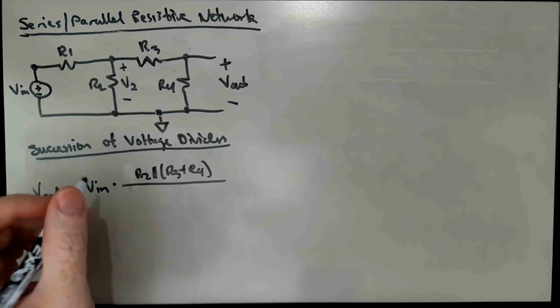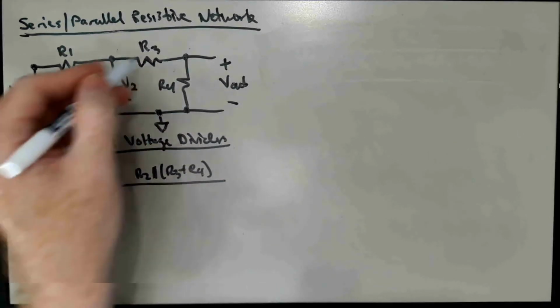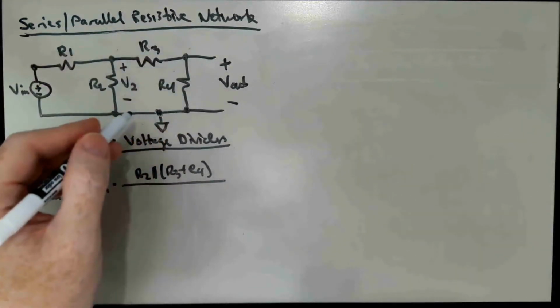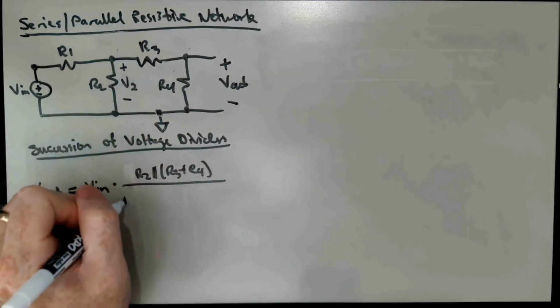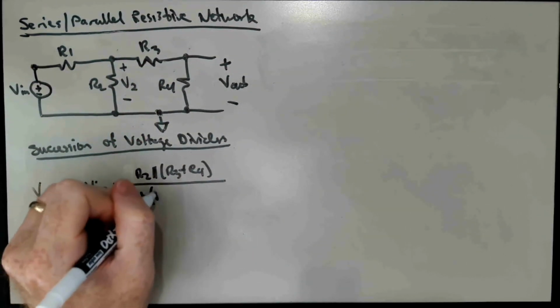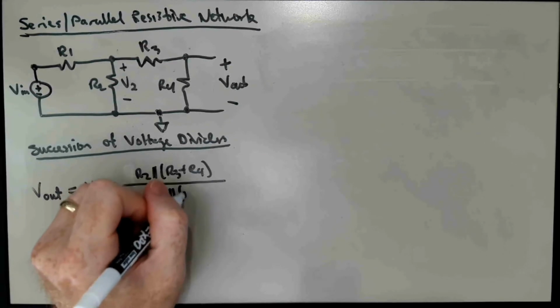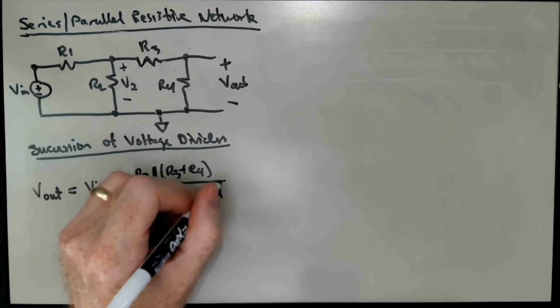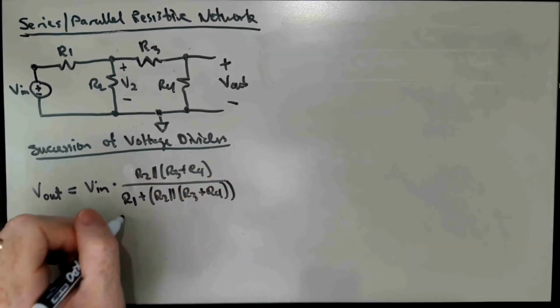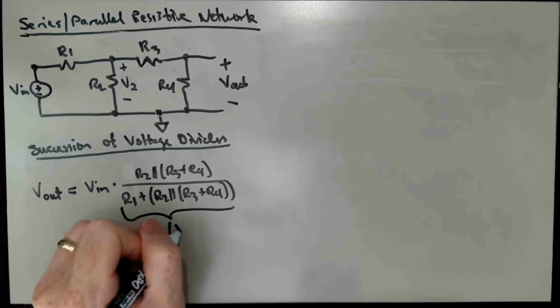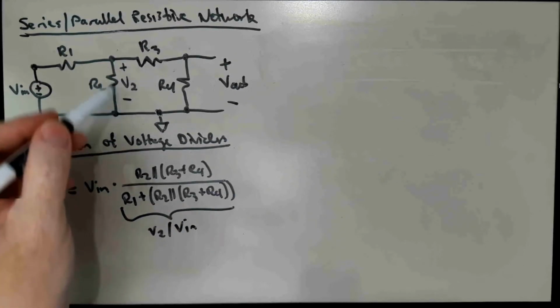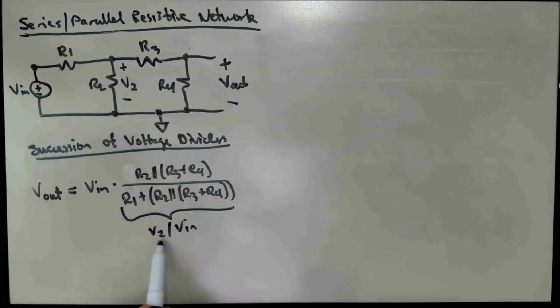And so the voltage divider ratio is the canonical R2 divided by the canonical R1 plus the canonical R2. And this would be, if you like, V2 divided by V in. So what I've labeled here V2. This is a voltage divider ratio, and multiplying this ratio times V in gives me V2.